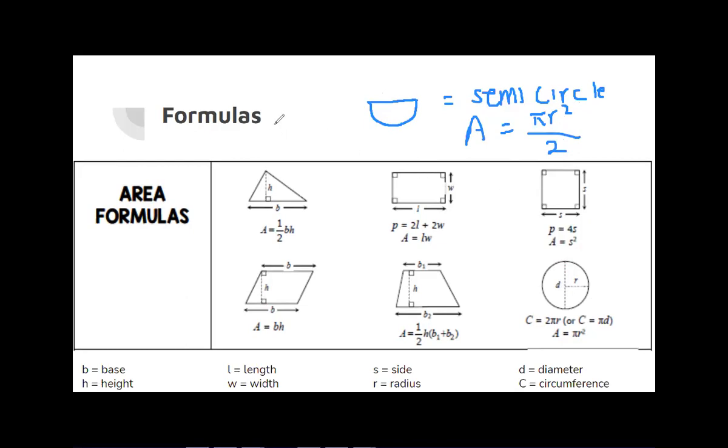If you see a quarter circle, that's this right here. A quarter circle would just be pi r squared, and since it's a quarter of the circle, we would divide it by 4. So these are two other shapes that we'll be taking a look at, and these are the formulas for them.